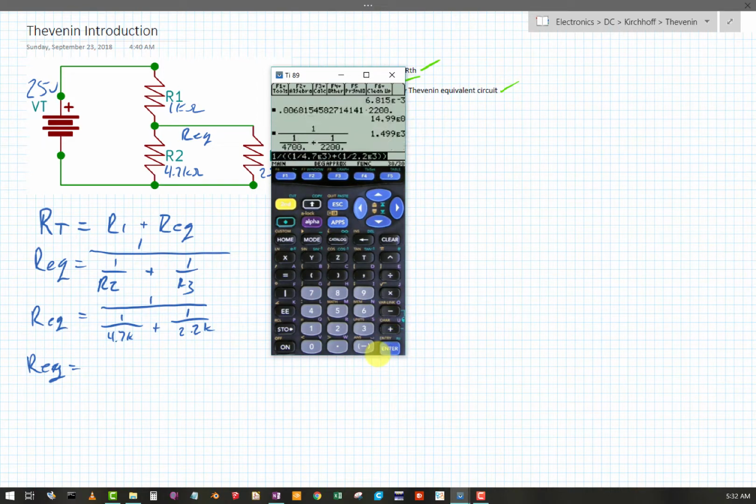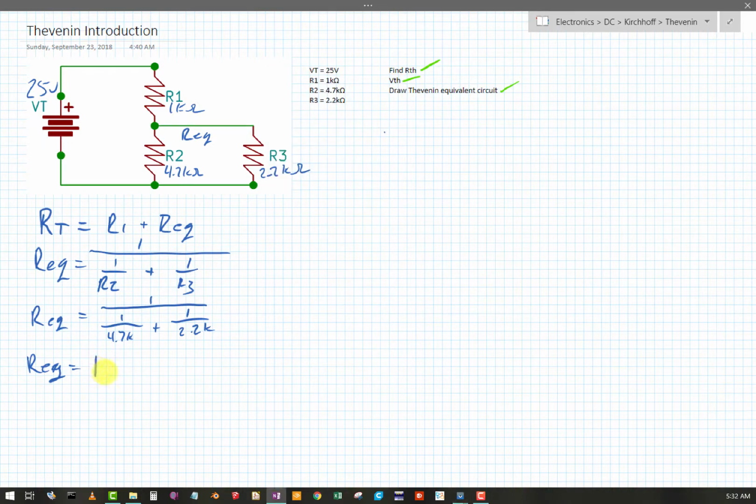Let's see what our calculator says. So the formula looks like it fell into place properly, and my equivalent network is 1.499k ohms, so just about 1.5k. So now let's add in our 1k.